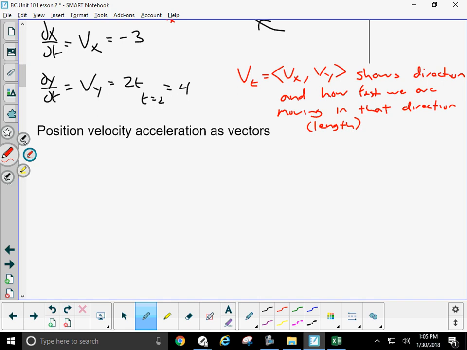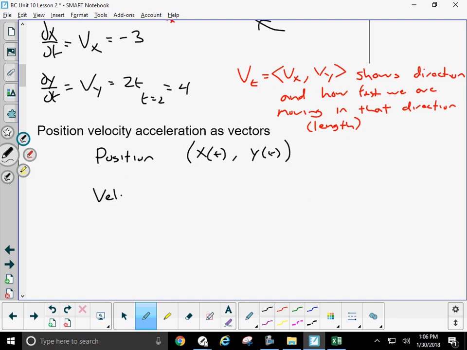Okay, so we will start with position. We'll get x of t and y of t position coordinates. Sometimes you'll see them as vectors, though I do not like to express position as a vector. It's more just like a location. But if you do, don't be confused.